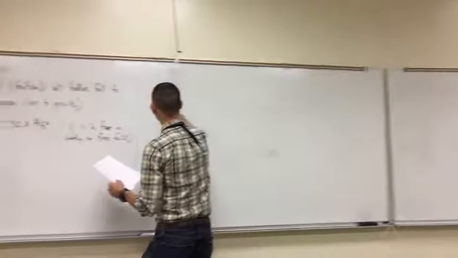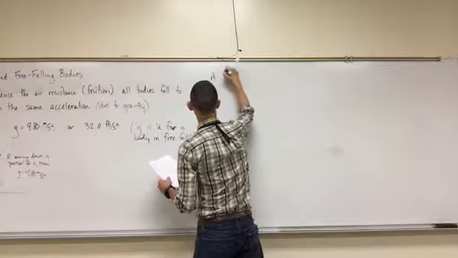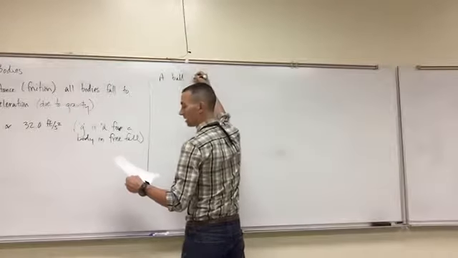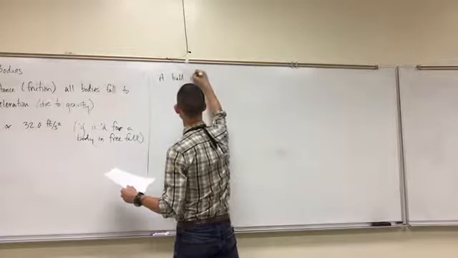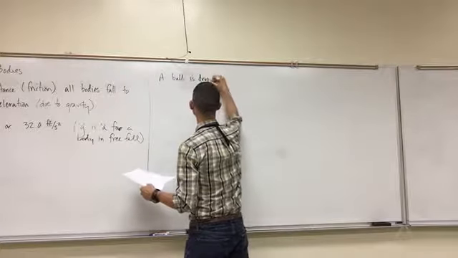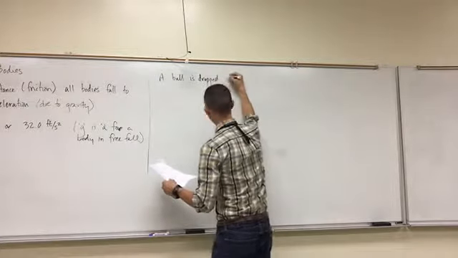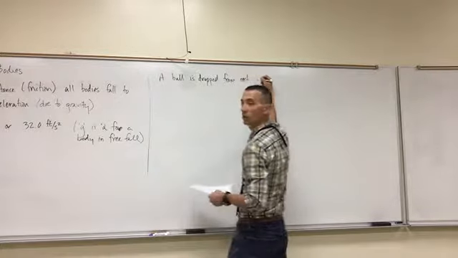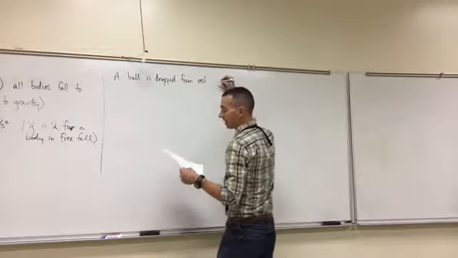The classic approach to a lot of these problems is to consider a ball. A lot of balls get dropped here. So a ball is dropped from rest. Remember what that means, it's sort of a key word: from rest.